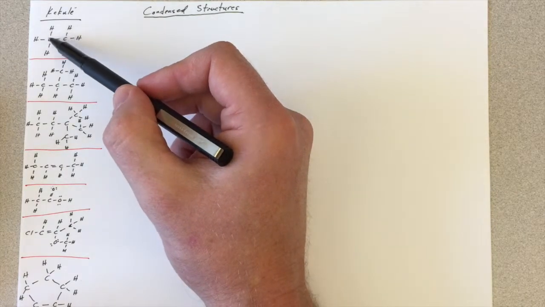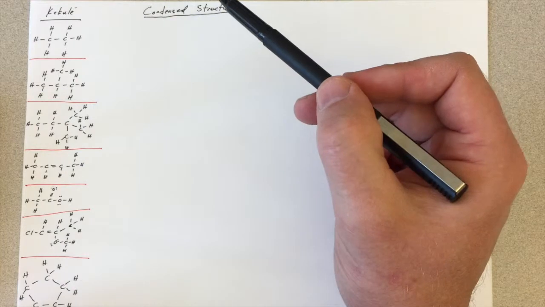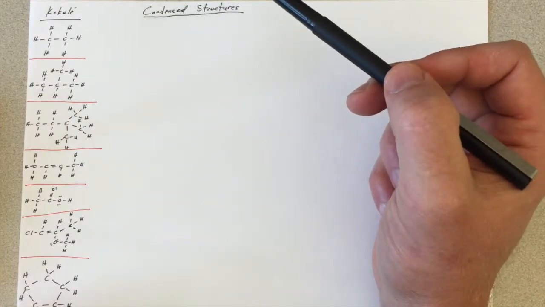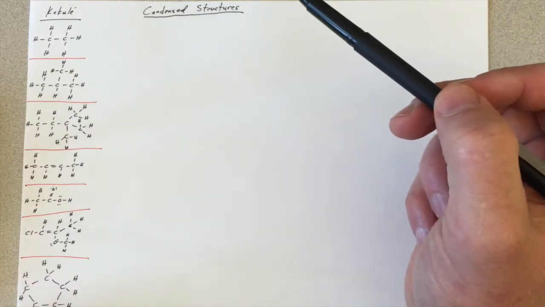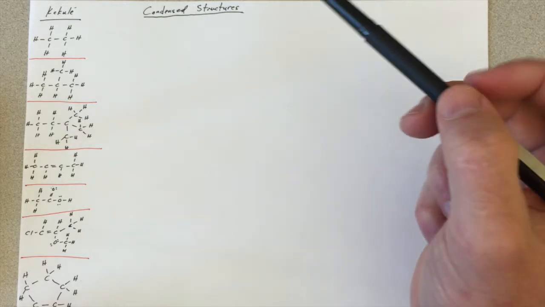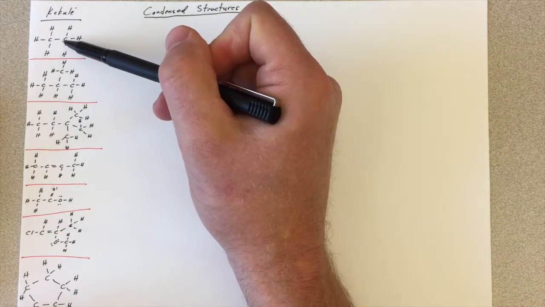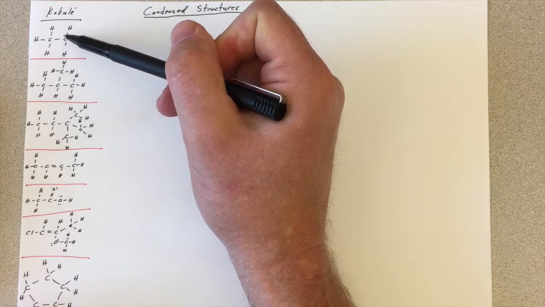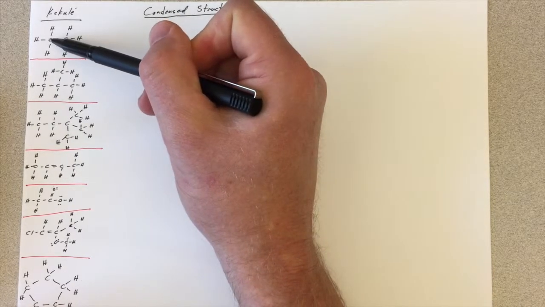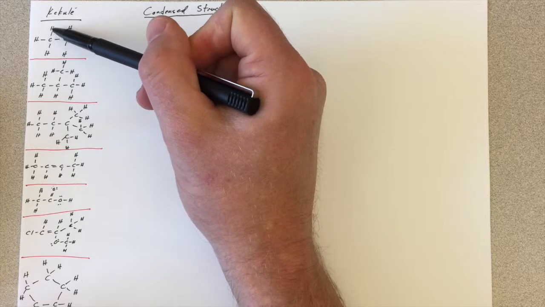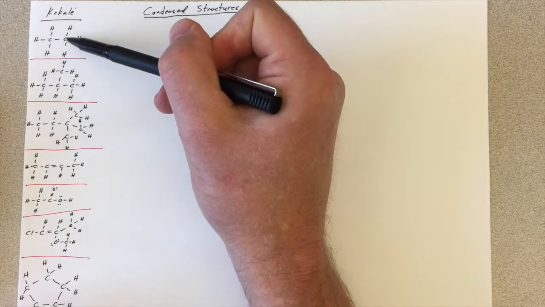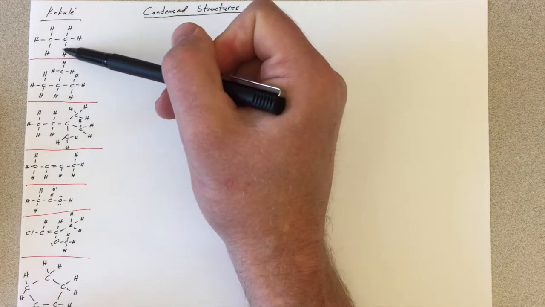Now, instead of drawing every single carbon-hydrogen bond, we try to reduce those carbon-hydrogen bonds, condense them down into units. And so we're going to think of each carbon in this structure as possessing a unit. And this carbon is going to be a CH3 unit, and so is this one, a CH3.